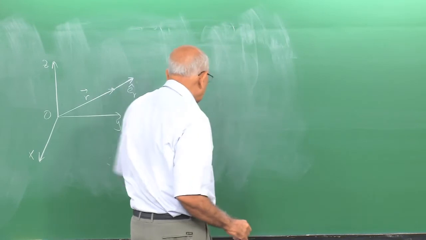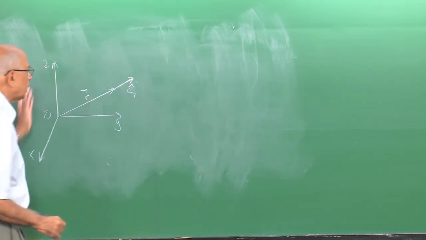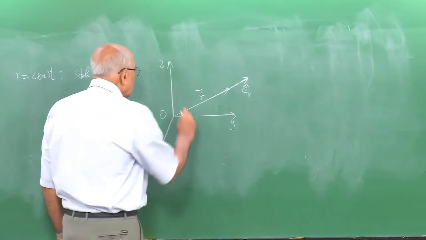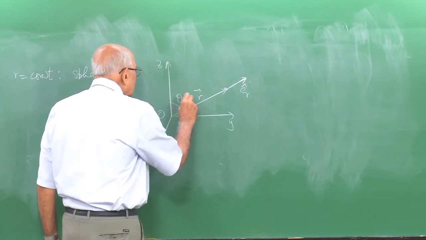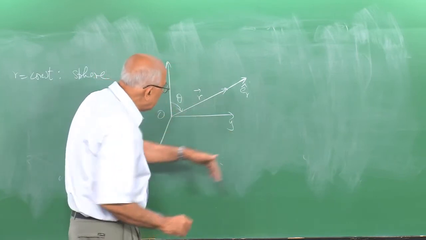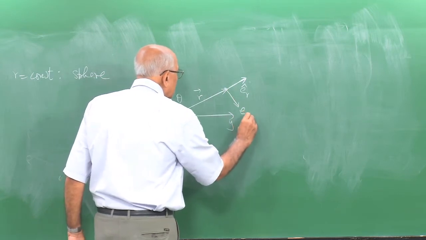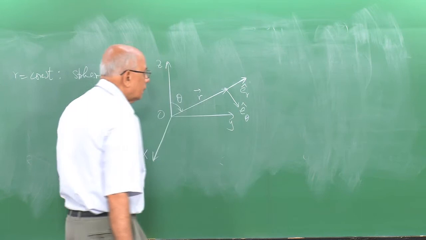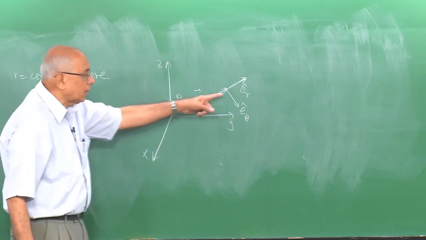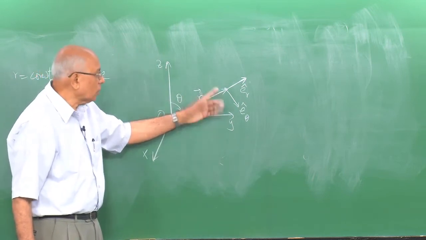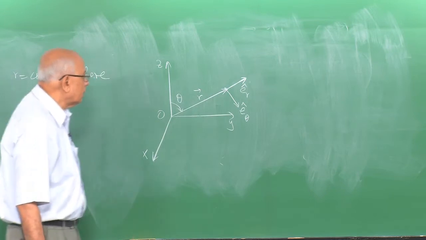It's in the direction of increasing distance from the origin without changing theta and phi. Now this angle was theta. Therefore, in the direction of increasing theta, you have this vector here, which is E theta at this point. It's quite clear that E theta also depends on the coordinates.